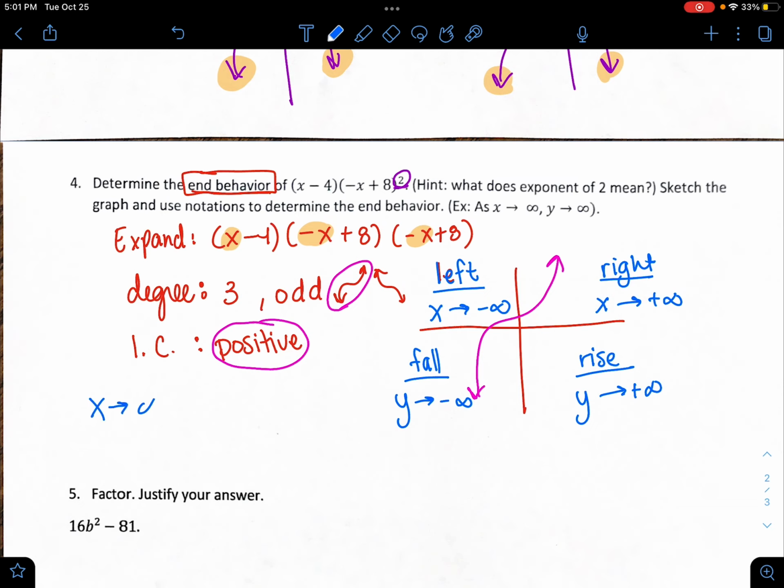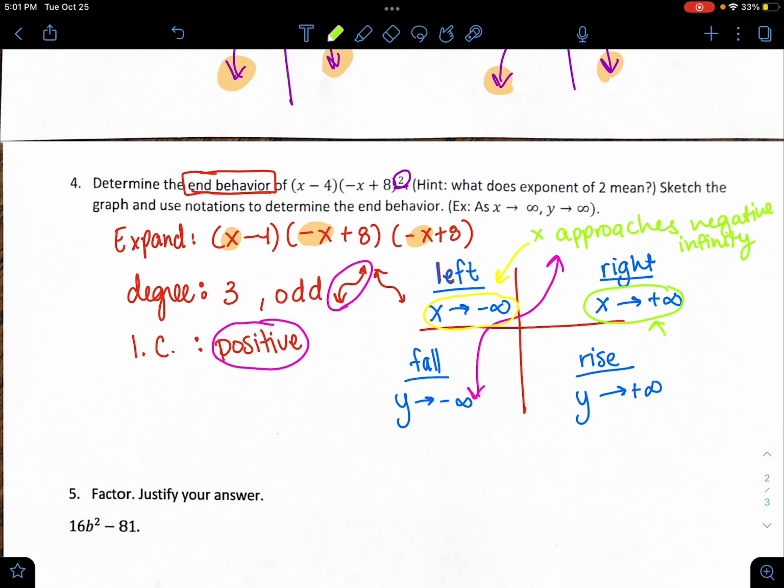You would put, so x going to positive infinity is the same thing as x approaches infinity. Let me rewrite this. So this means x approaches negative infinity.